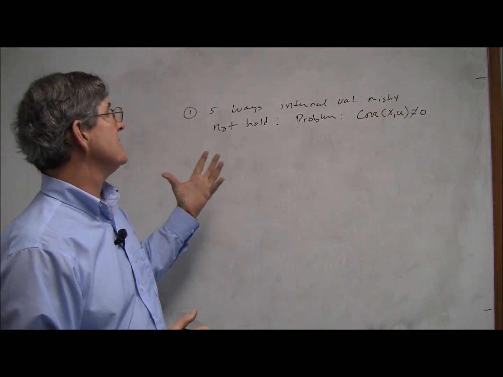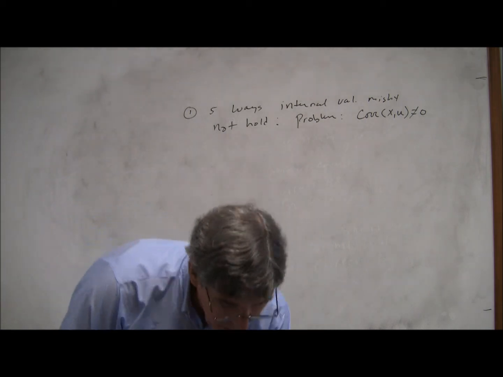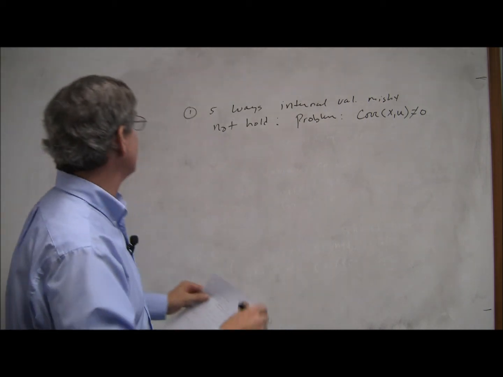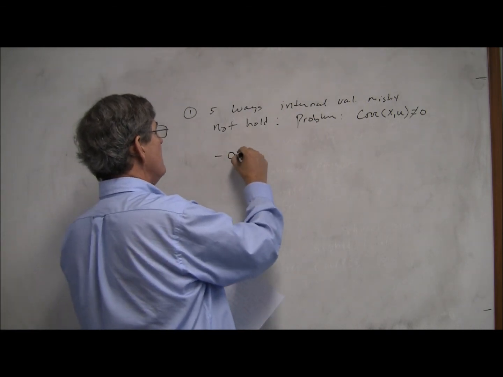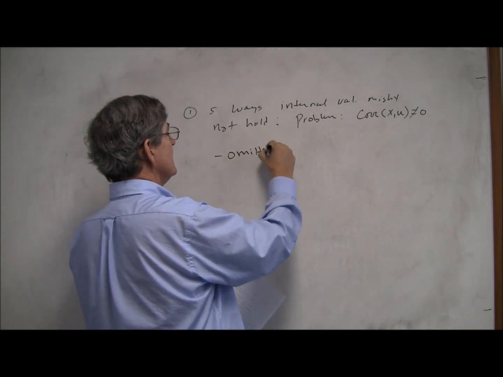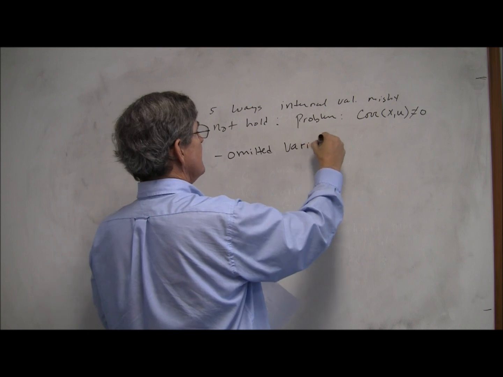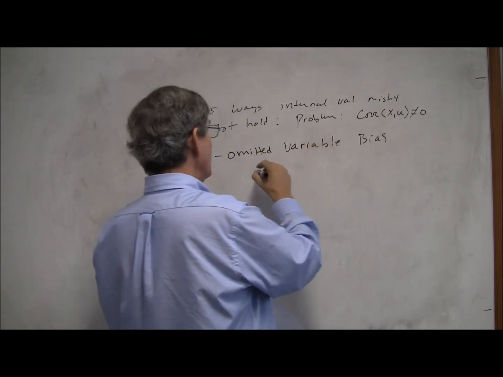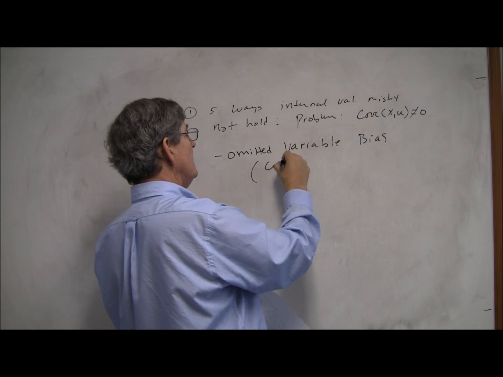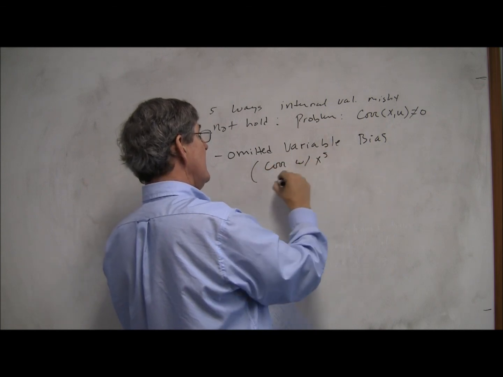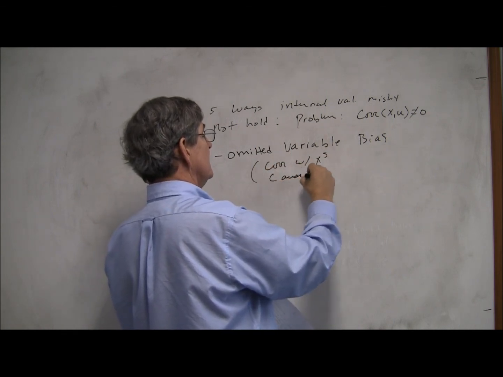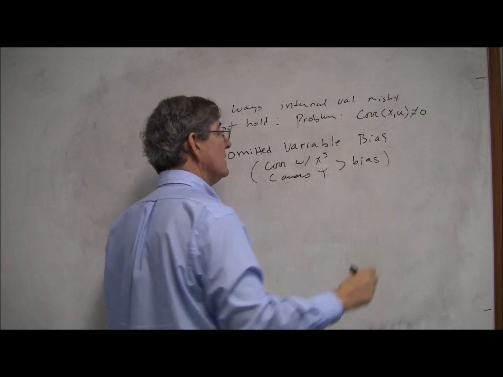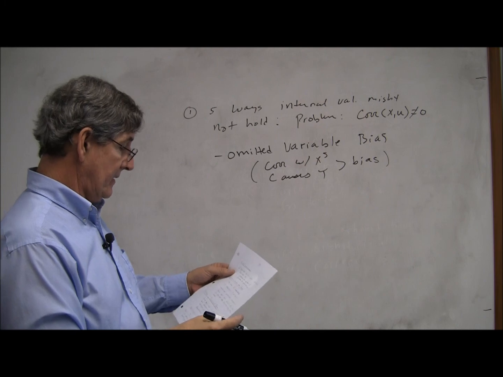And so there's lots of different ways in which that correlation can happen. One we've already looked at, and that's omitted variable bias. And so we don't have to spend much time on this other than to just put it on our list. Remember here, if it's correlated with the x's and causes y, then you'll get bias and inconsistency.